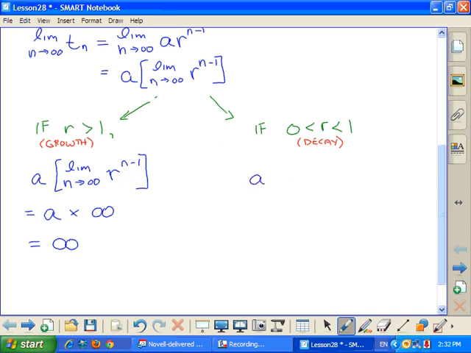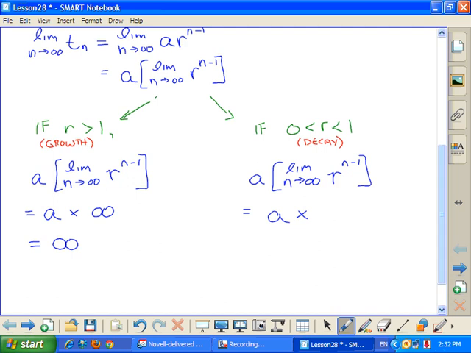Let's look at the converse case then. Let's look at the 0 to 1. So we have decrease or decline here. So n approaching infinity for r to the exponent n minus 1. So we still have a multiplied by. So what happens when r is a fraction? So a half. What happens when the exponent goes to a million? 1/2 to the 1 million, 1/2 to the 1 billion.